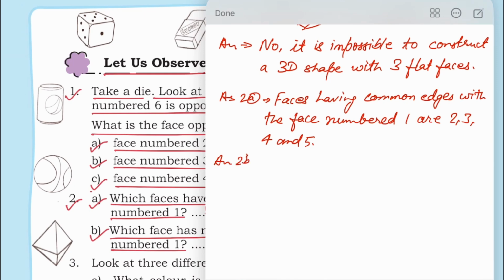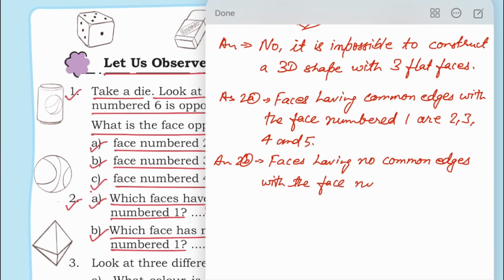Answer 2B. Faces having no common edges with the face numbered 1 is 6.